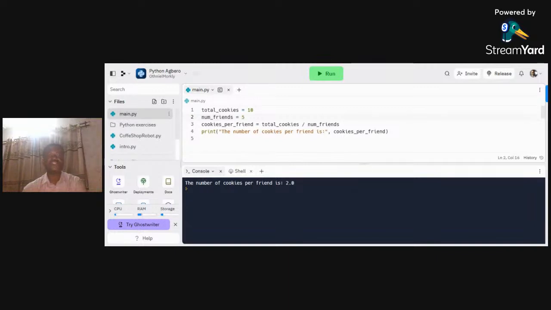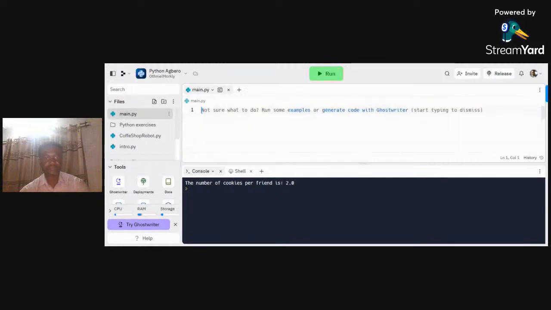So what it's doing is a division and returning the answer as a floating point, like a decimal. But you get the idea. All right, let's keep moving on. If you don't get the idea, pause it, rewind it, and try to type your own version of it.